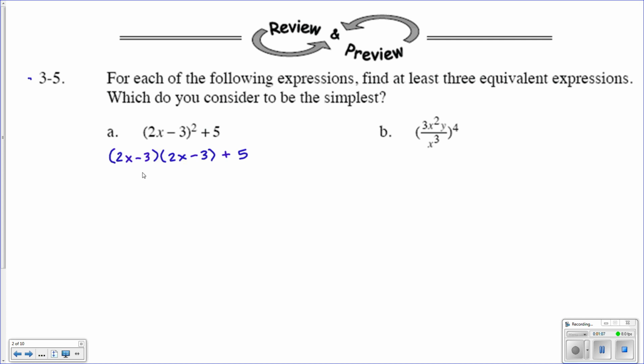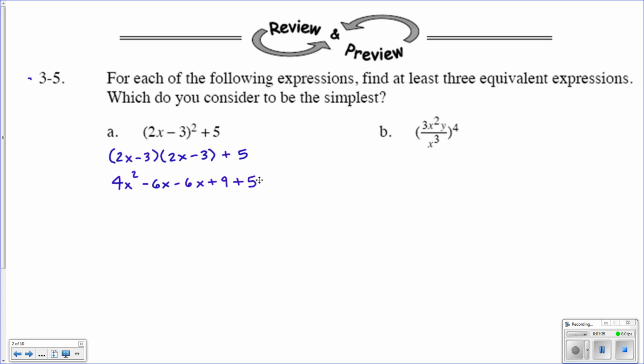Another equivalent expression we could do here is we could take this and multiply these two together. So when we do that, we would end up with 4x squared, and we'd say minus 6x, and then minus another 6x, and then negative 3 times negative 3 would be plus 9, and then plus 5.